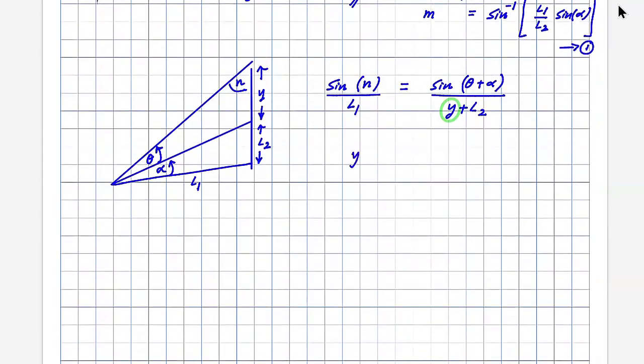So that would be y plus L2 is equal to, you bring this whole thing to this side, and then this one up here, and the other one down there. So it's going to be L1 sine theta plus alpha divided by sine of n. Do you get that piece?